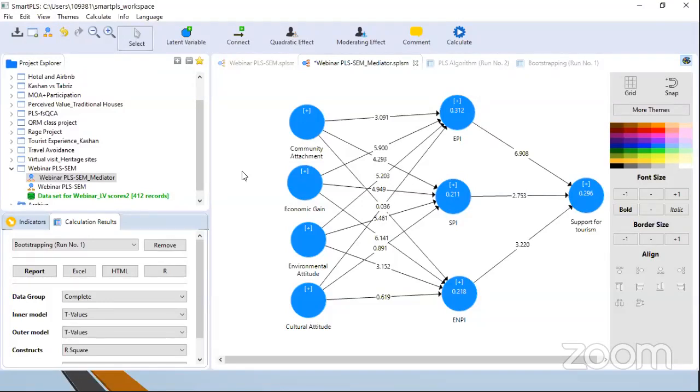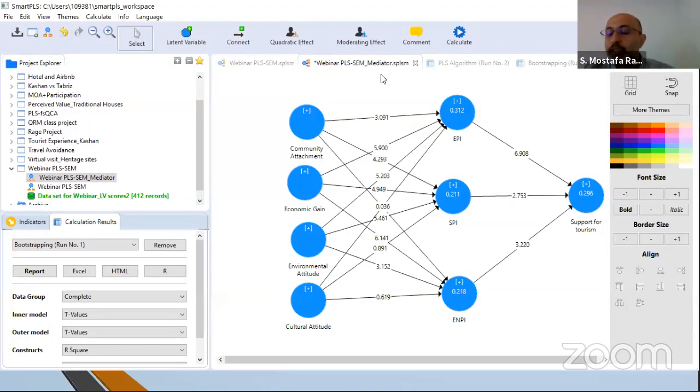And the third is, I'm facing problem while doing a serial mediation. Can you run just a model here for this and interpret it, because I'm confused how to interpret the results for serial mediations? I hope this will help others also. I've got a lot of questions.